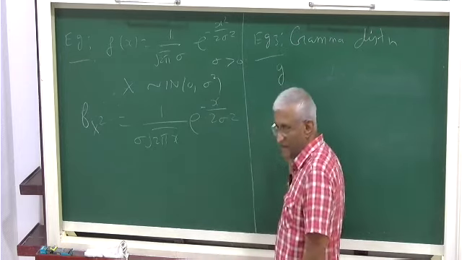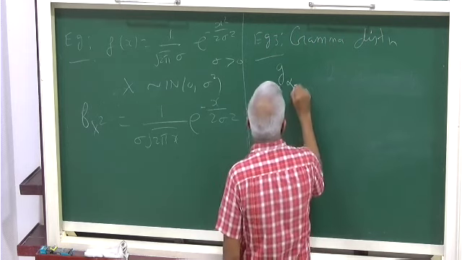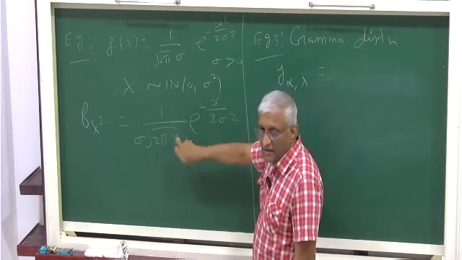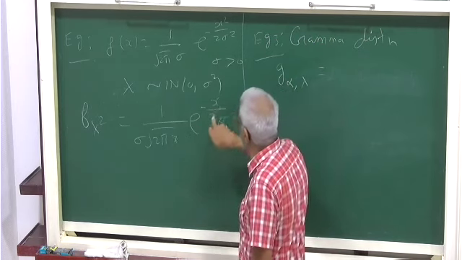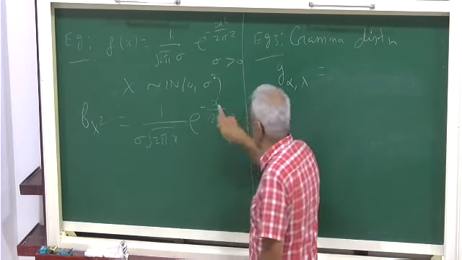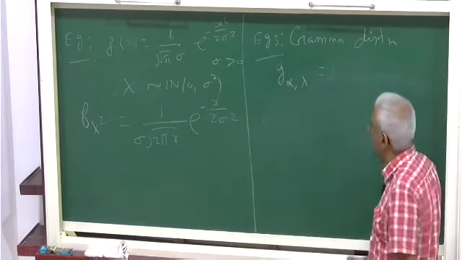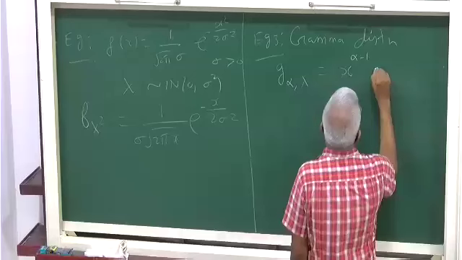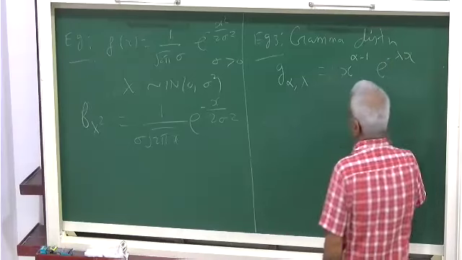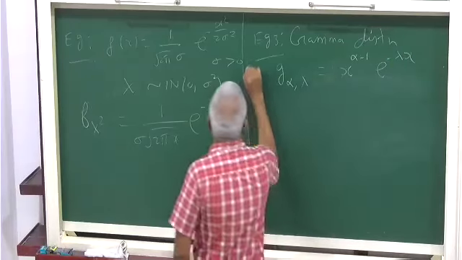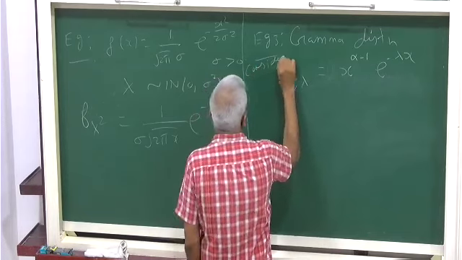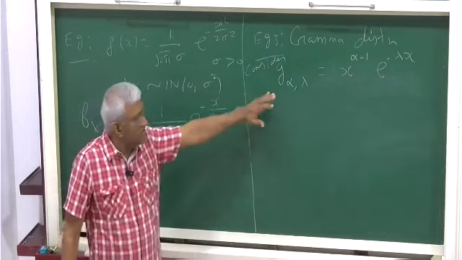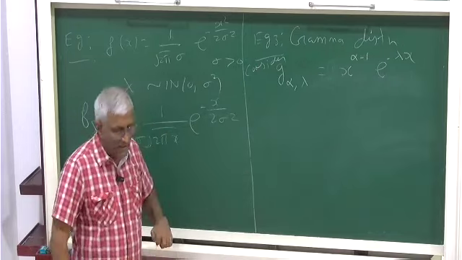We first consider x power alpha minus 1, where here we have x power minus half, and e power minus lambda x. This integral may not be 1. For something to be a density, the integral has to be 1. So we have to compute this integral.